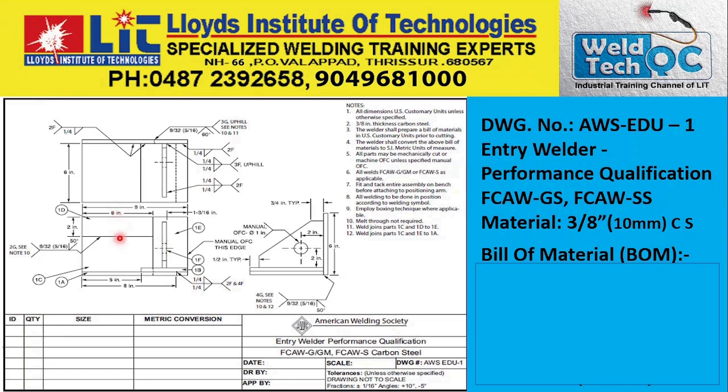But up to which level it goes, we don't know. From the front view, you won't be able to find it. Then you have to see the top view. In the top view, that detail is not entirely available. Then the other option is to go to the side view.